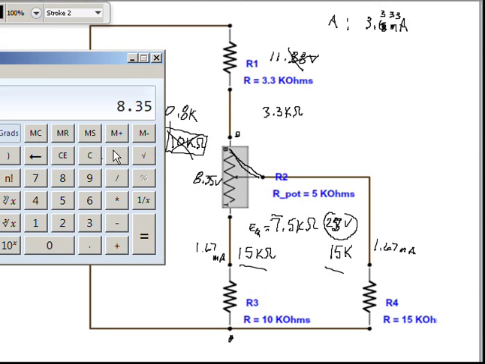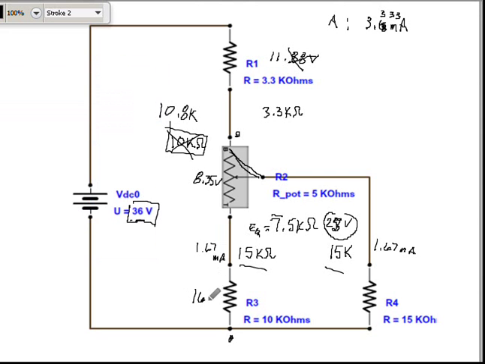And should be able to double that for the 0.00167 times 10,000 equals 16.7, which pretty well looks like 25 volts to me.